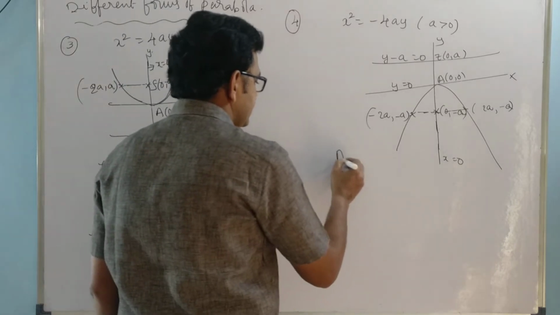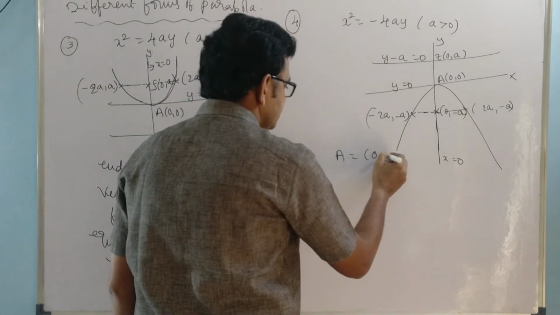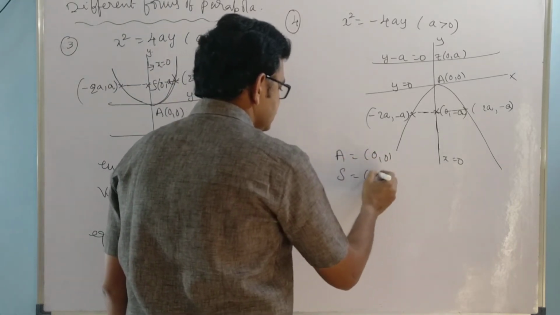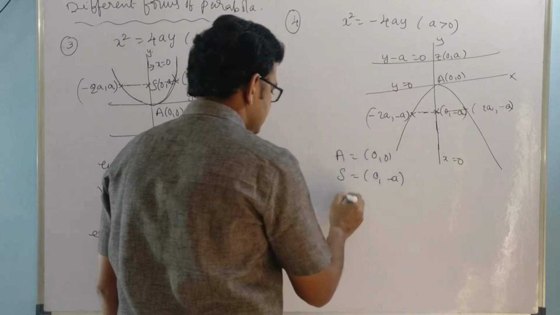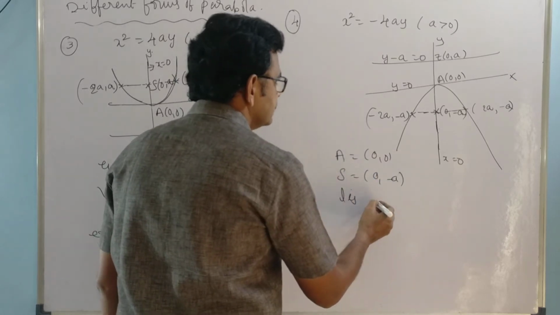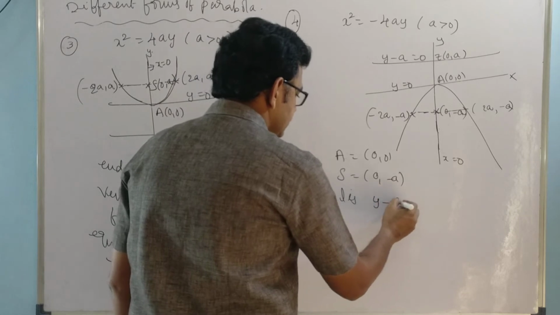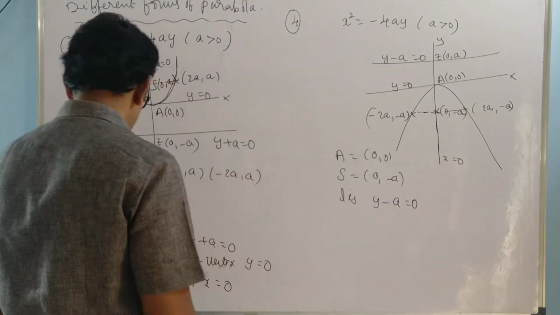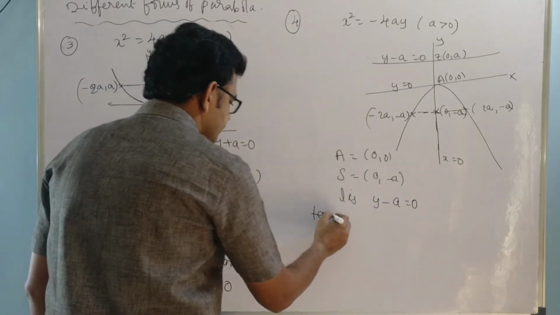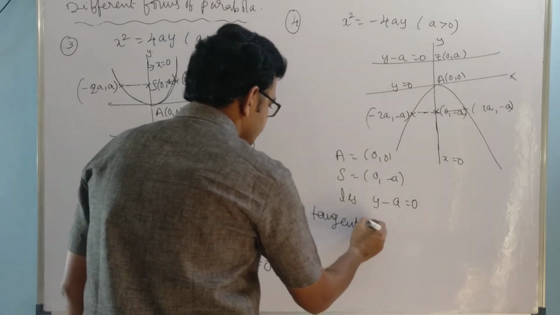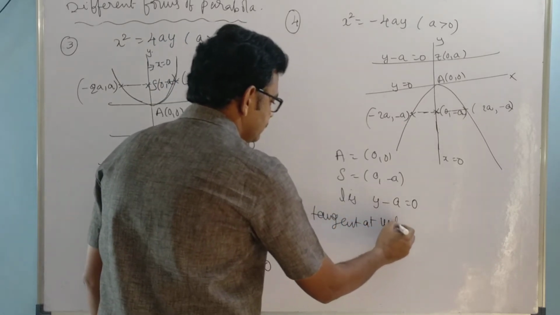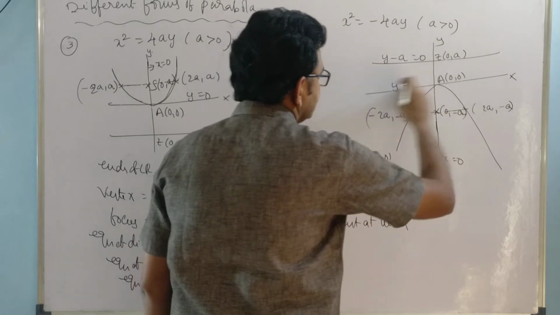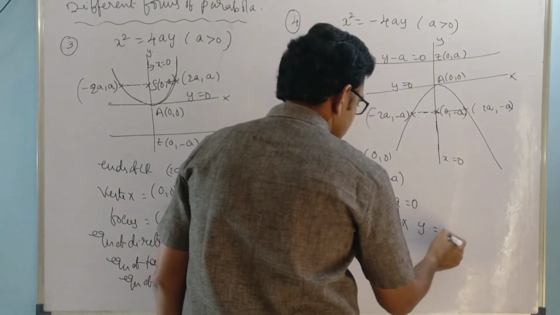Vertex 0, 0. Focus 0, minus a. Equation of directrix y minus a equal to 0. Tangent at vertex, y equal to 0.